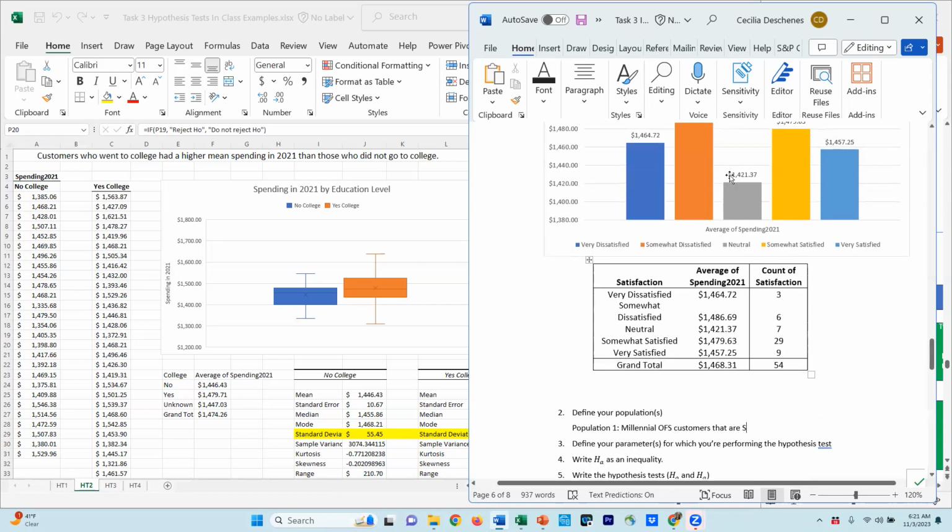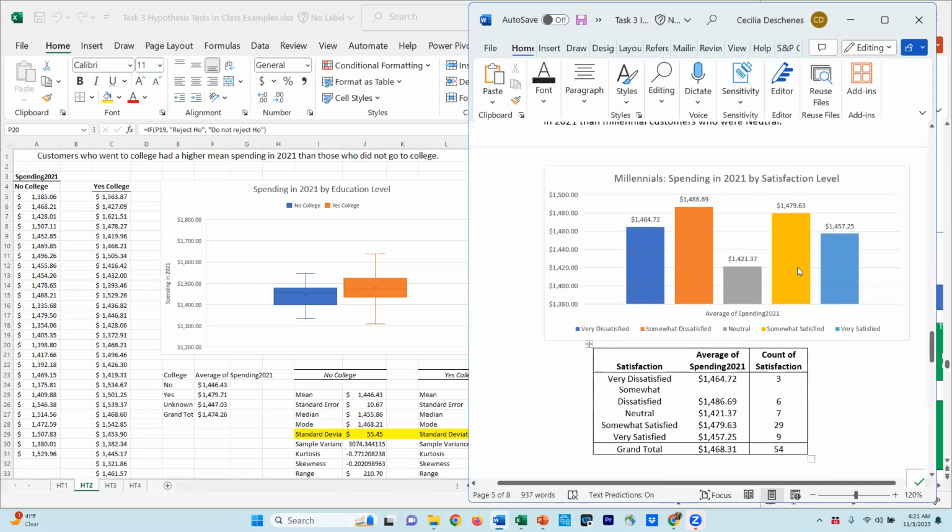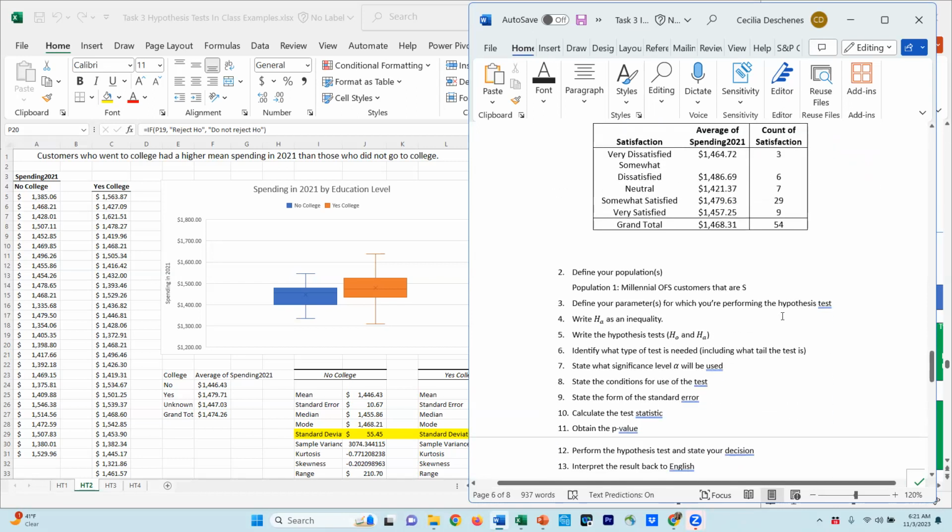Well, just to keep everything straight, since neutral is to the left, I'm going to go with neutral as my population 1. And again, not to make things overly long, but technically I'd want to say that report their satisfaction level as neutral, right?